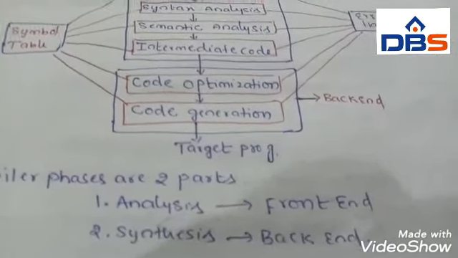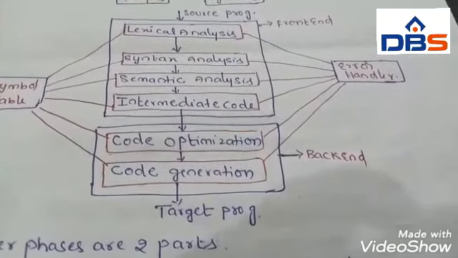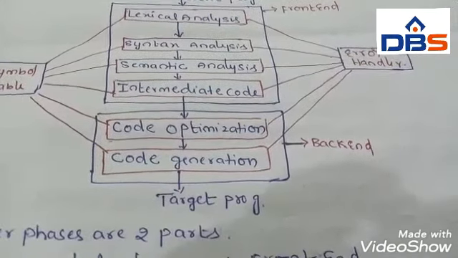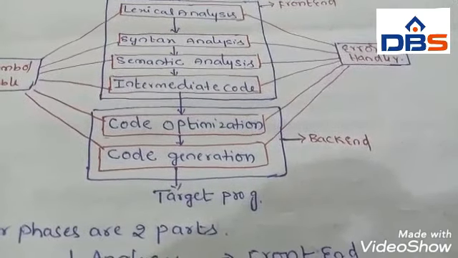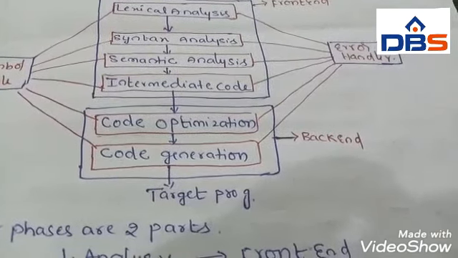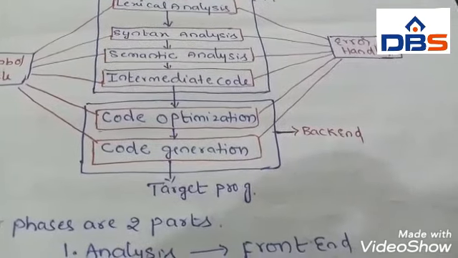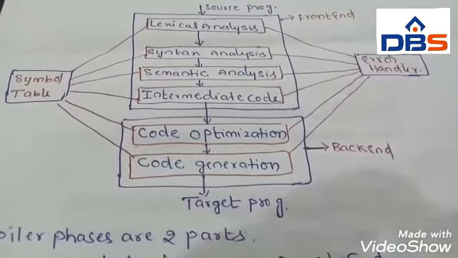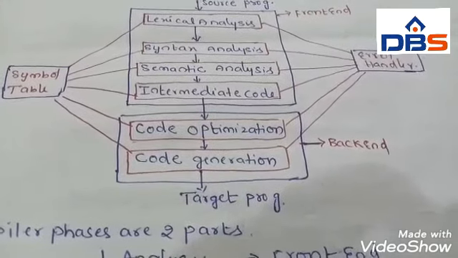What is the analysis part? The analysis part breaks up the source program into constituent pieces and imposes a grammatical structure on them. It then uses the structure to create an intermediate representation of the source program. If the analysis part detects that the source program is either syntactically ill-formed or semantically unsound, then it must provide informative messages so the user can take corrective action.